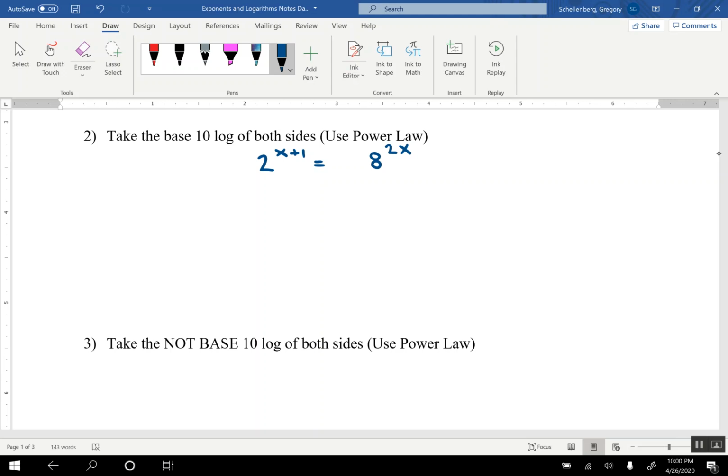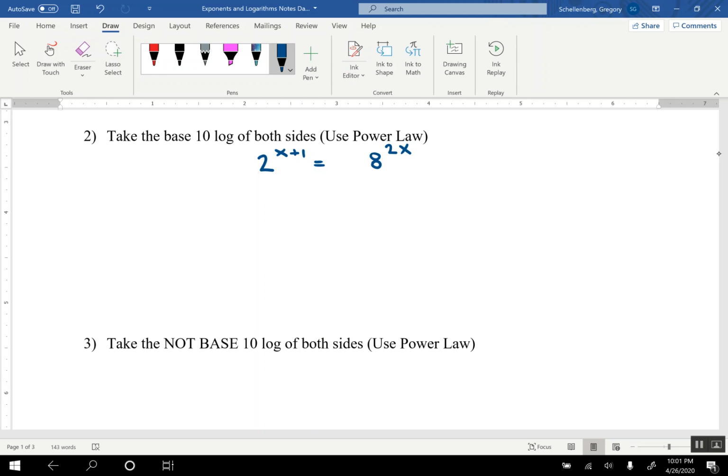Now with equations, and we've been doing this since back in grade 9, where we start to learn how to solve basic equations, we can manipulate equations by doing something to the equation, but we would have to do that something to each part of the equation.